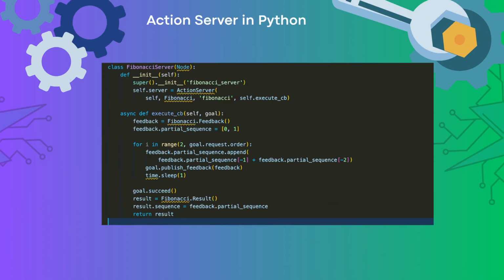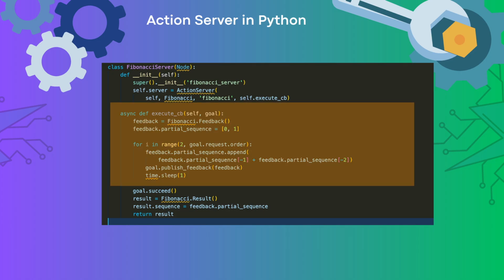Now let's take a quick look at a simple action server example using the classic Fibonacci sequence. Here we define a node. This creates an action server named Fibonacci using the Fibonacci action type. And whenever a goal arrives, ROS calls our execute callback function. Inside the callback function, we start with the first two Fibonacci numbers, then build the sequence step by step.